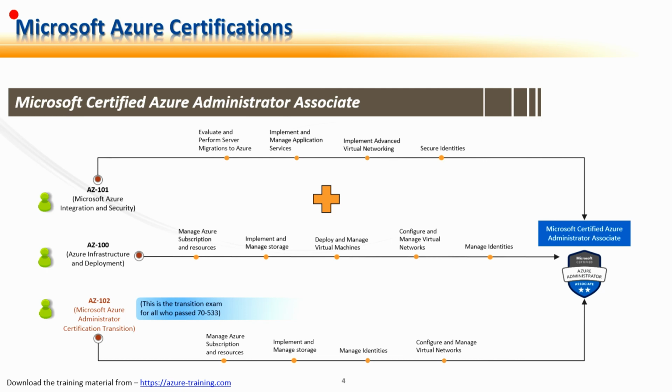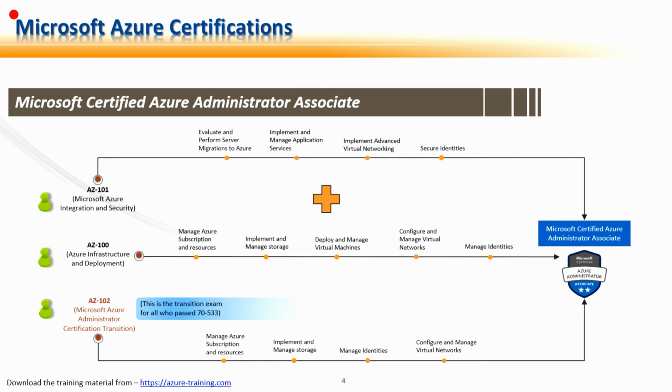One is Manage Azure Subscriptions and Resources, which will cover more or less configuring diagnostic settings on the resources or creating the baseline for the resources, creating alerts and analyzing those alerts across the subscription, how to create the action groups, monitor for unused resources, how to manage cost and spend, and so on and so forth.